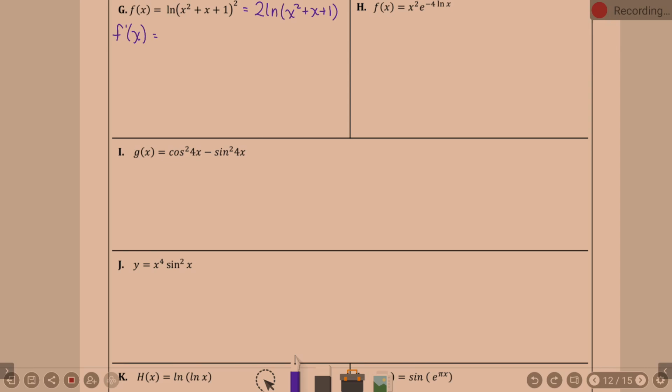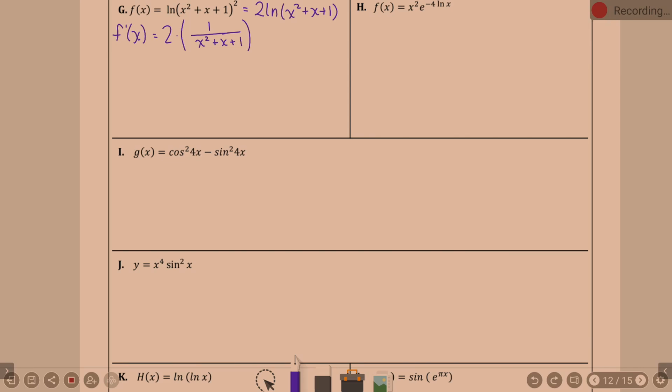We start off just doing the derivative of the outside. The derivative of natural log of something is normally 1 over x, but it's going to be 1 over whatever was there. So I'm going to keep my 2 out front, and then times 1 over the x squared plus x plus 1.